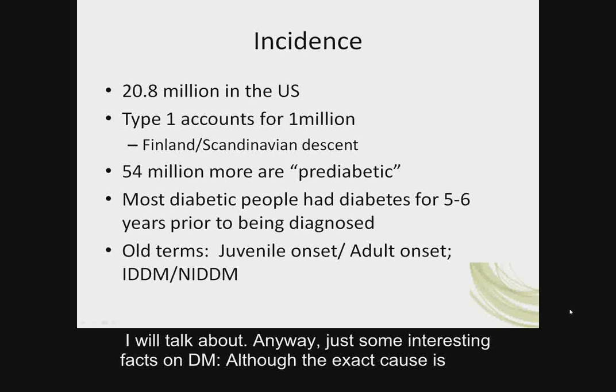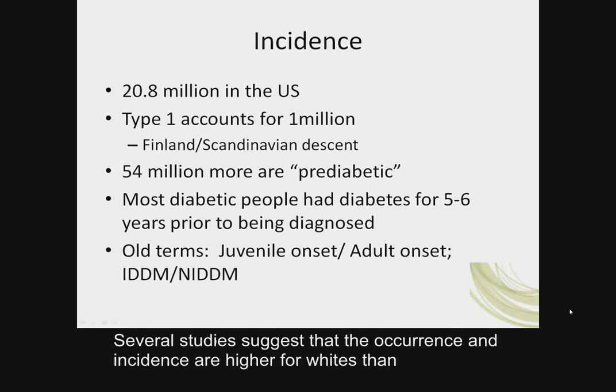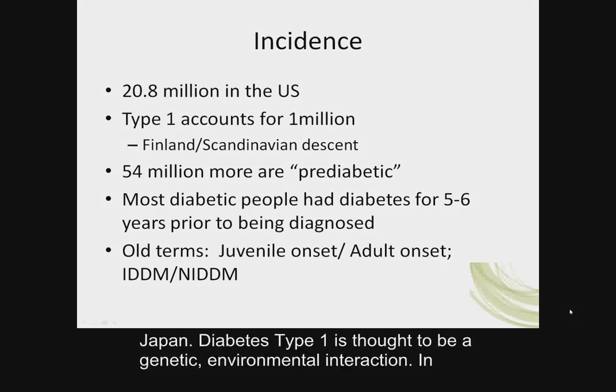Anyway, just some interesting facts on DM. Although the exact cause is unknown, type 1 DM accounts for about 10% of all the DM patients in the Western world. Several studies suggest that the occurrence and incidence are higher for whites than non-whites, with the highest rate found in Finland, of all places, and the lowest rate in Japan. Diabetes type 1 is thought to be a genetic environmental interaction.